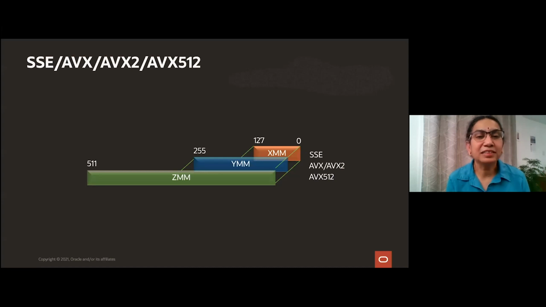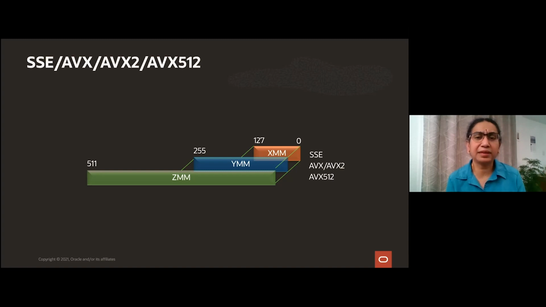So as Paul mentioned, Intel has enhanced support for SIMD from 128-bit SSE to 256-bit AVX to 512-bit AVX 512. And correspondingly, the underlying 128-bit XMM registers have been extended to 256-bit YMM registers and 512-bit ZMM registers.